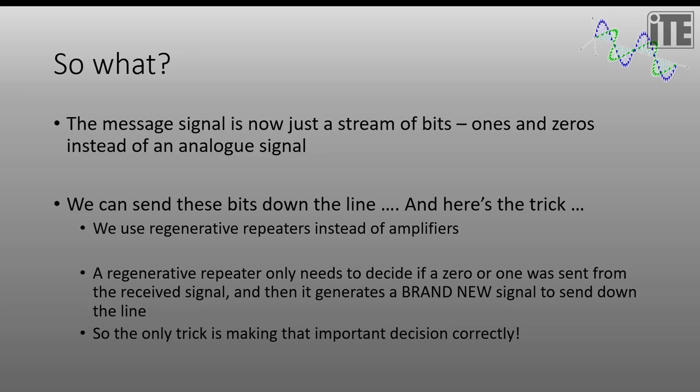As long as we receive the 1s and 0s correctly, we're sending down a brand new digital signal to the next repeater or to the receiver. Therefore we don't have the issues we had with analog transmission, degradation in quality.